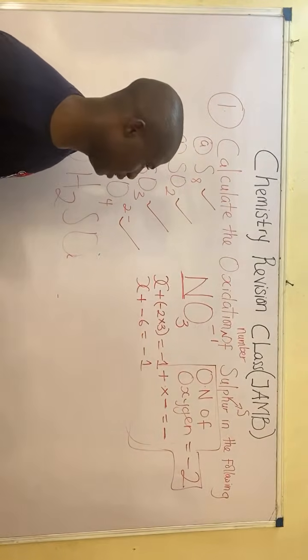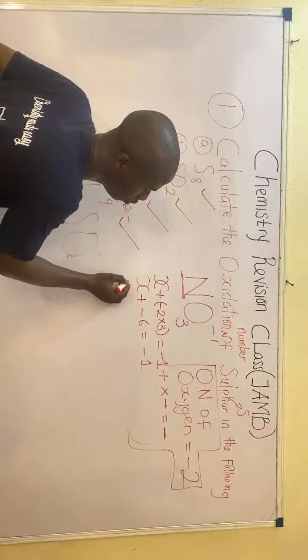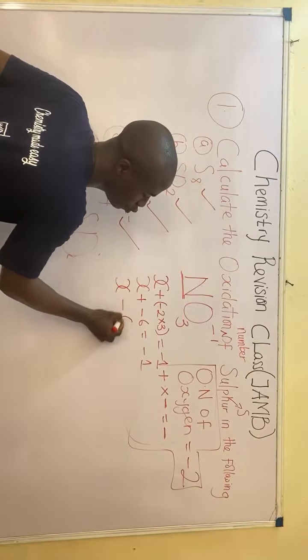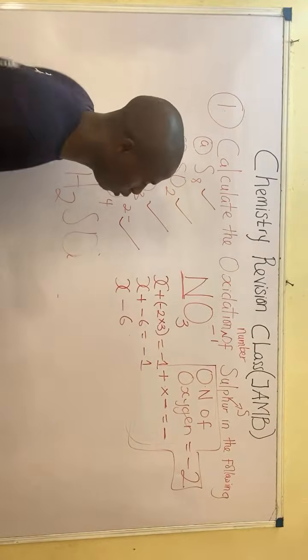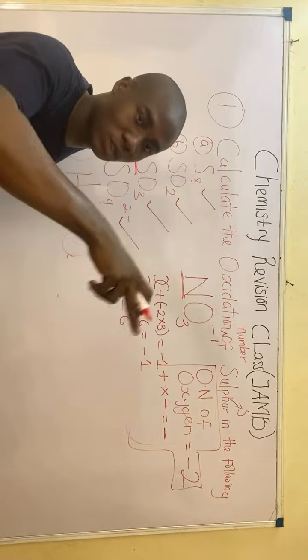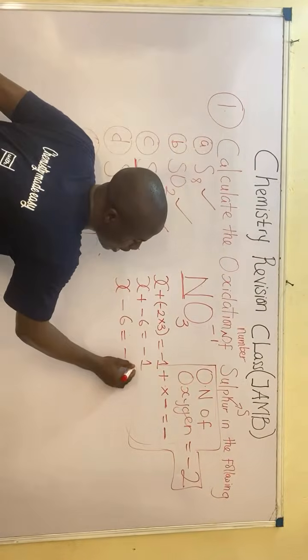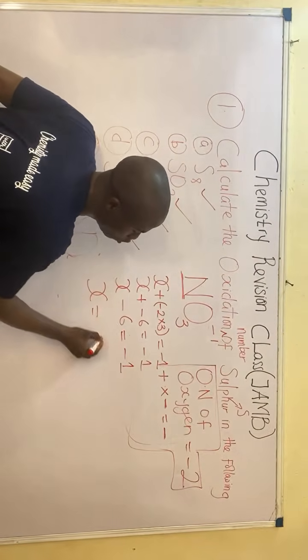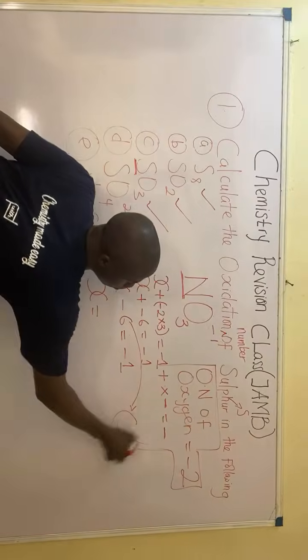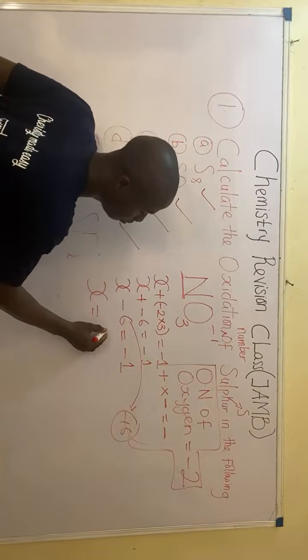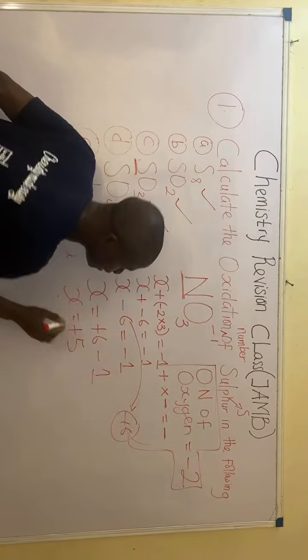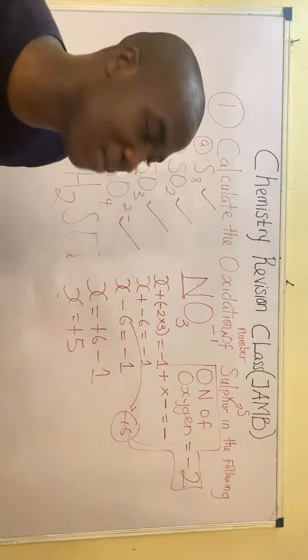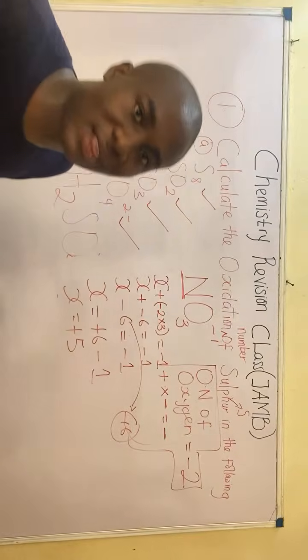So we have X, then minus 6 is equal to minus 1. So X will be equal to plus 6 minus 1, and X is 5. But to be specific, plus 5, because in the options they may put minus 5 there and plus 5 there, so we know what to do.